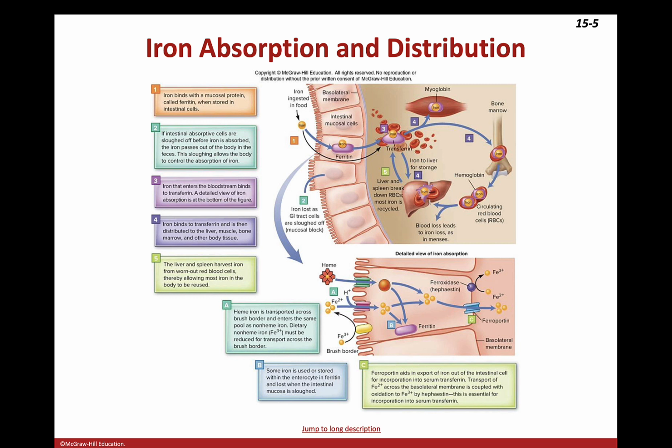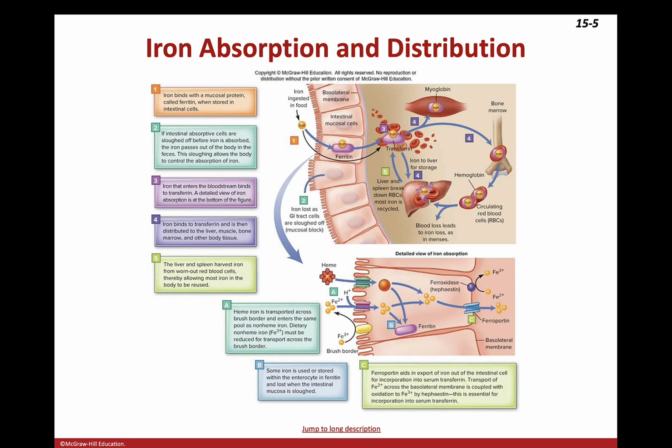Iron actually binds with a mucosal protein called ferritin when stored in intestinal cells. If intestinal absorptive cells are sloughed off before iron is absorbed, the iron passes out of the body in the feces. This sloughing allows the body to control the absorption of iron.